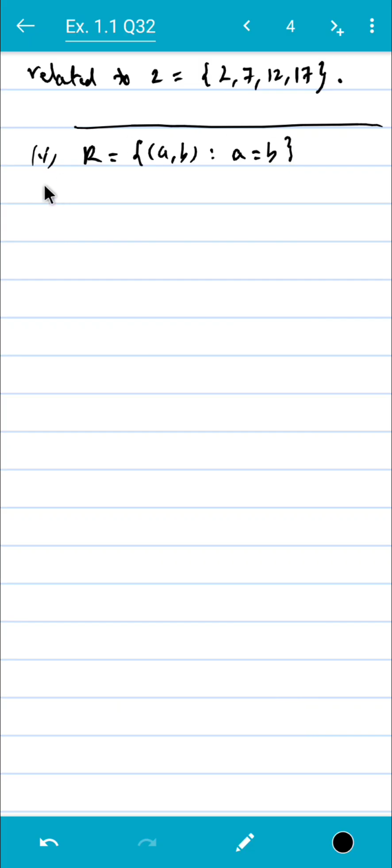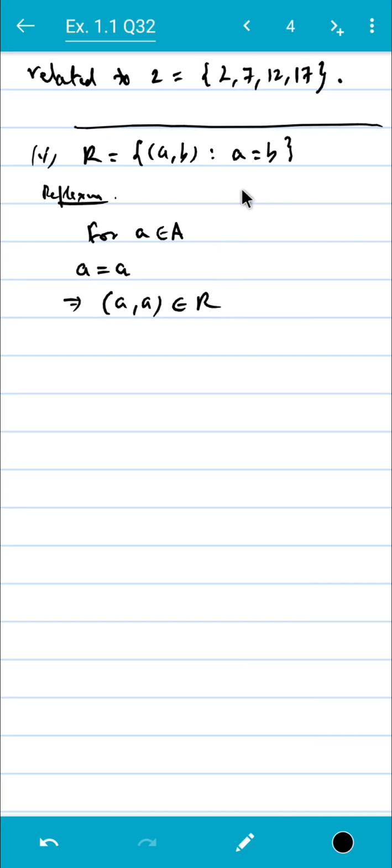So let's prove for reflexive. So for a belong to A, this means for any a belong to A, a is equal to a. So this implies that (a, a) belongs to R.